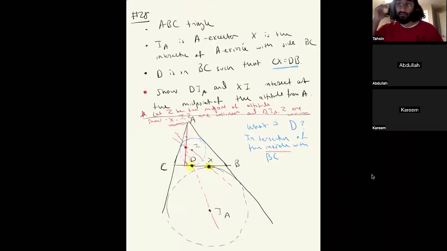Do you want me to do the other half now, or do you want me to leave this as an exercise? This part: D, I, A, and Z are collinear. The argument is very similar, but there's another dilation you have to find, and you have to use it cleverly.